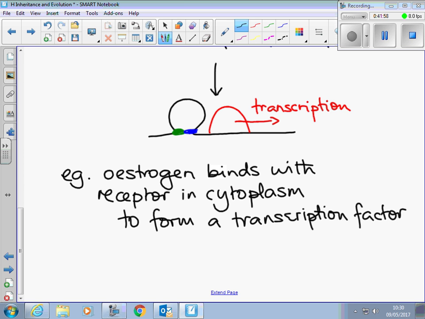ER, estrogen receptor, using E because that's the American spelling of estrogen, without an O. So ER alpha, estrogen receptor alpha, forms a hormone receptor complex, and that is now a transcription factor. So that gets into the nucleus, binds to a particular base sequence on a DNA promoter, and that sets off the RNA polymerase to transcribe genes as required. So that's another method of control.